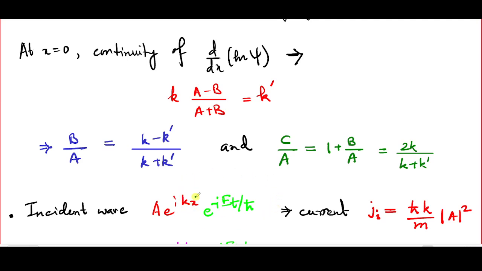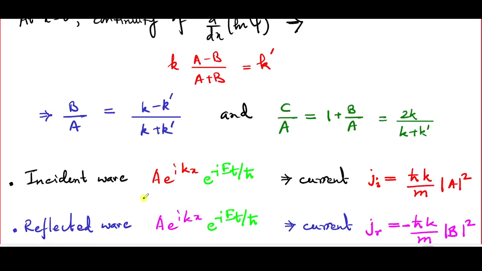Together, this clearly shows that this is a wave which is traveling to the right. So a particle coming in from the left, impinging on the barrier, should be represented by this. The corresponding probability current density for the incident wave, Ji, turns out to be h cross k over m, times mod a squared. That's what you would get if you were to calculate the probability current density J from this.